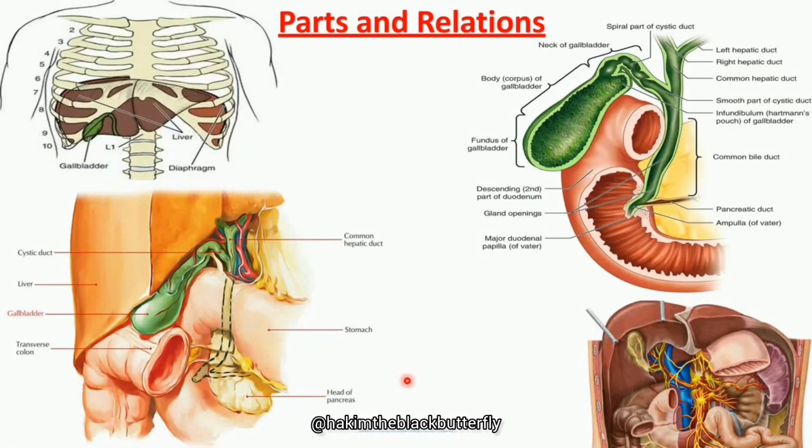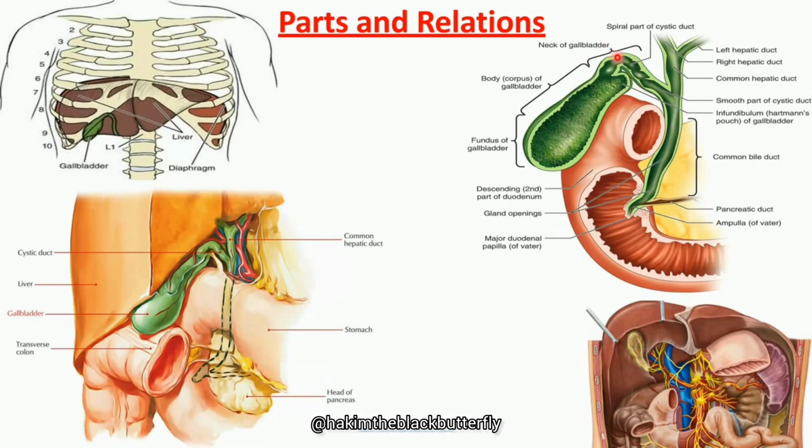The various parts of the gallbladder, we can see them here. Of course, the gallbladder has the fundus. The fundus is this terminal end that is round. Then the central portion is the body, and then we have the neck up here, close to its outlet.